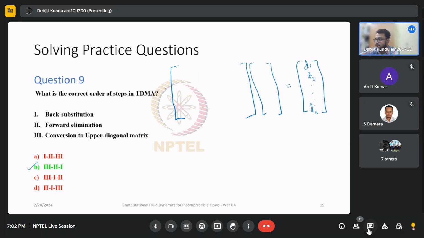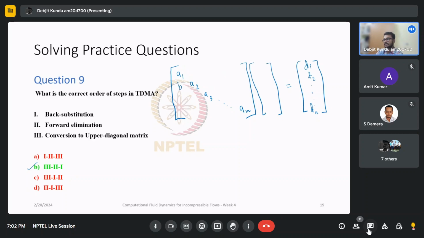We basically form three diagonals, which look something like a1, a2, a3, dot dot dot an, and this is the leading diagonal. We have two more diagonals, one above it and one below it.